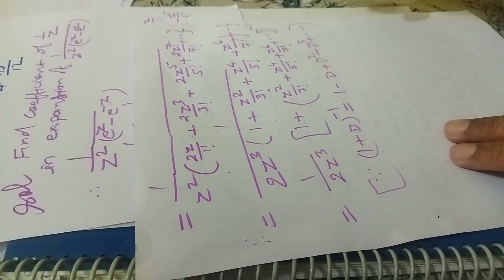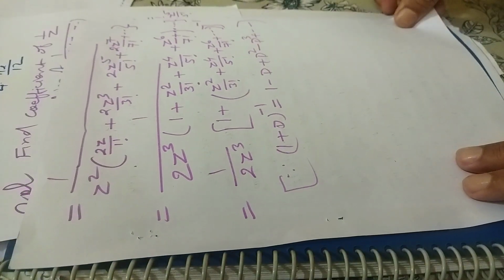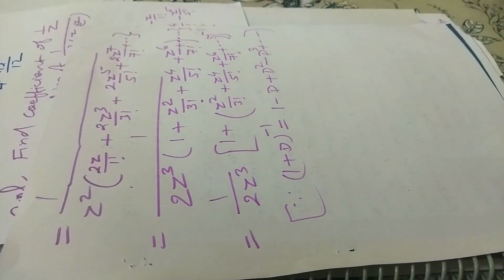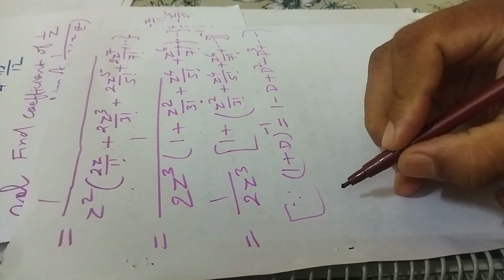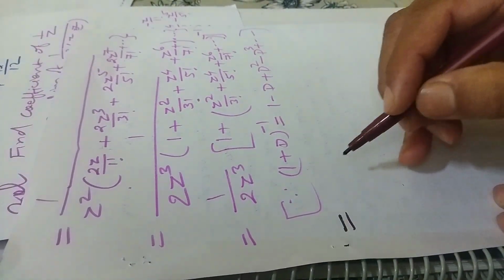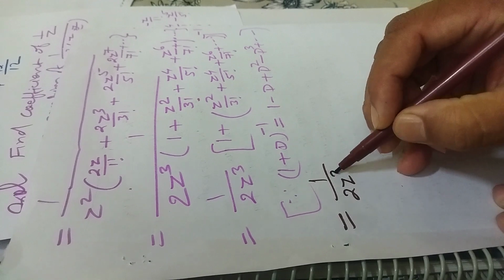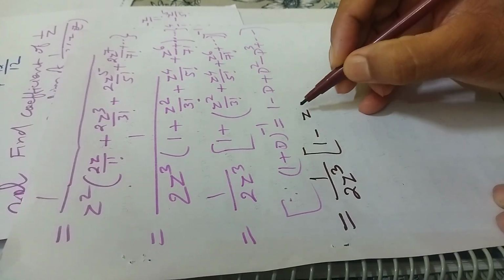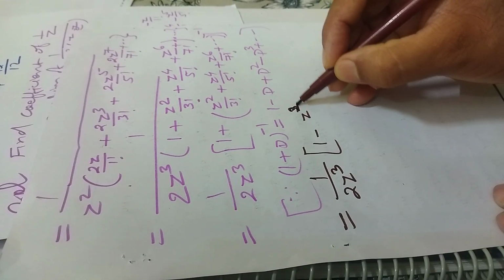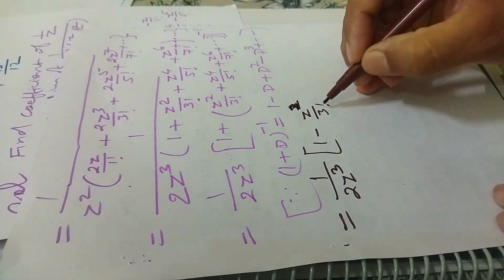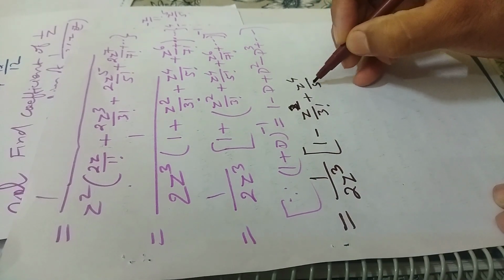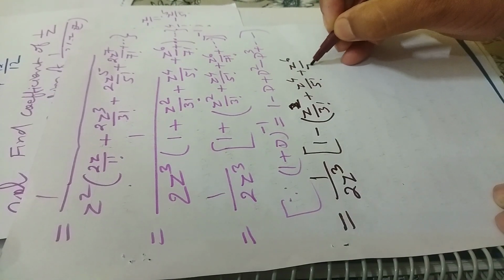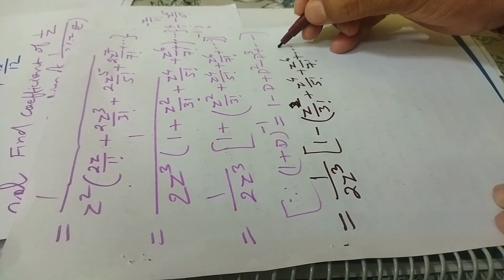So using this formula, this is equal to 1 upon 2z cube, and using this formula this becomes 1 minus z square upon 3 factorial plus z to the power 4 upon 5 factorial plus z to the power 6 upon 7 factorial plus so on.